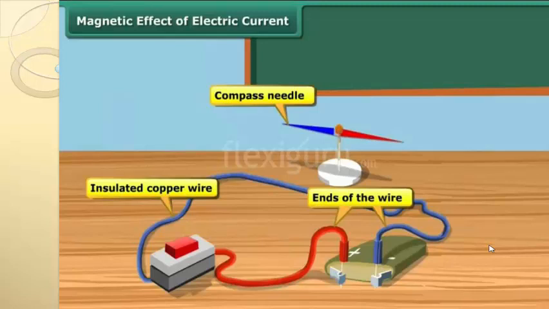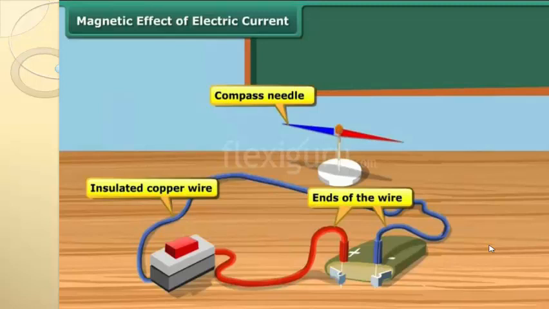In this experiment, take a magnetic needle which can rotate freely. Hold a conducting wire over the magnetic needle parallel to it. It will be found that the north pole of the magnetic needle gets deflected towards the east.